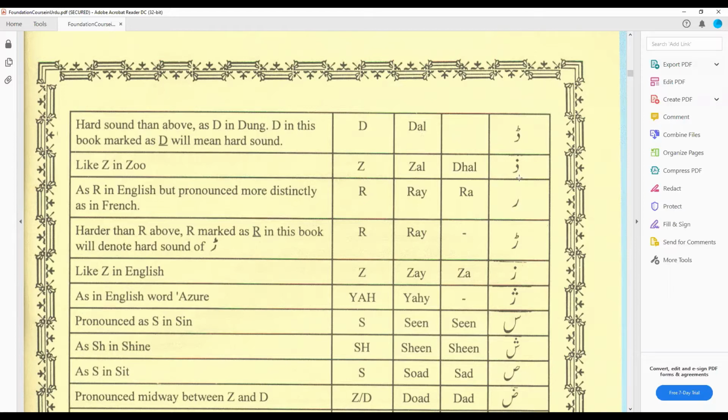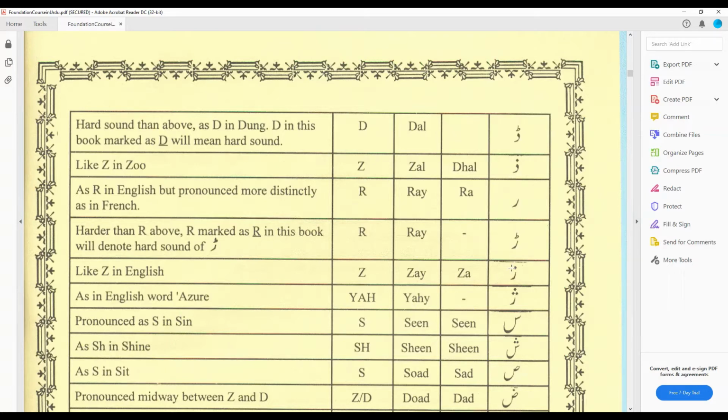And then zal. Then Ray, and Zay. Dal, dal, and zal are of the same family.